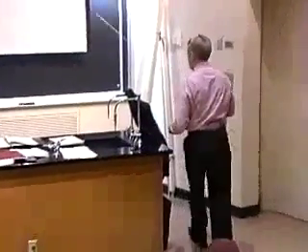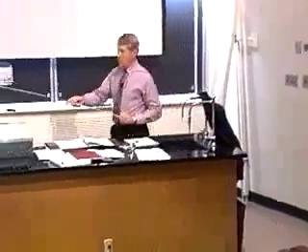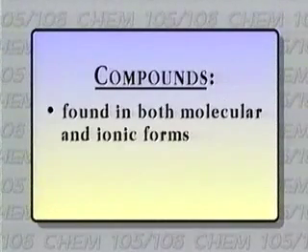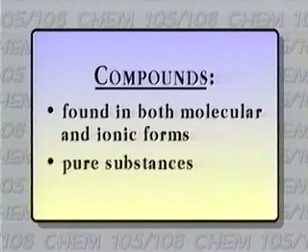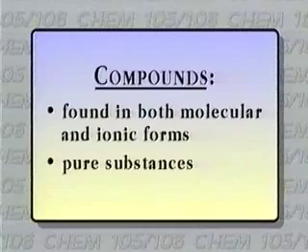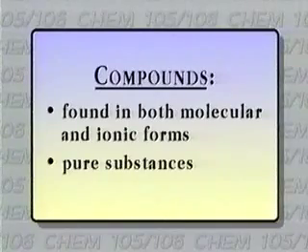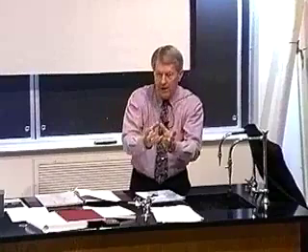Now compounds can be found, again, in molecular form and in ionic form. And I guess I should also mention that compounds are pure substances. Elements are pure substances, compounds are pure substances. So when we're talking specifically about the compound of water, we're talking about a group of matter where everything is water molecules.